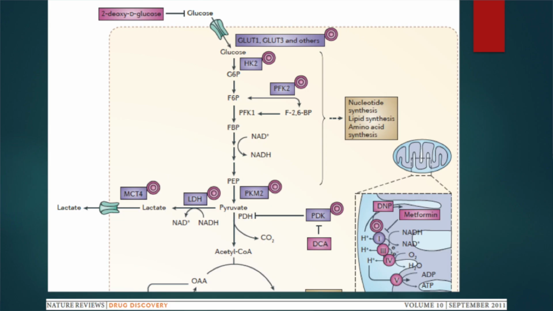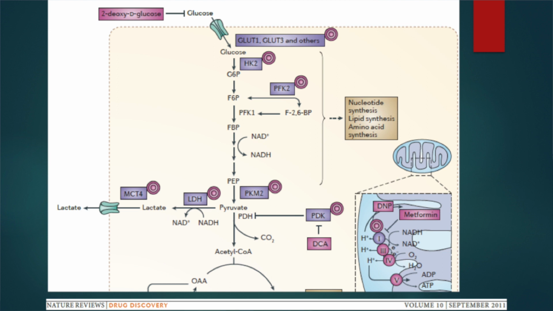You can expect the pyruvate kinase enzyme to be present in a monomeric, dimeric or tetrameric form. The tetrameric form is more active, whereas the dimeric form is less active, and PKM2 prefers to be in the dimeric form.